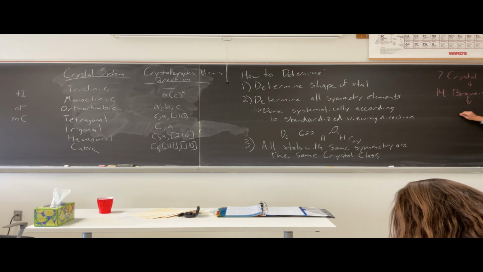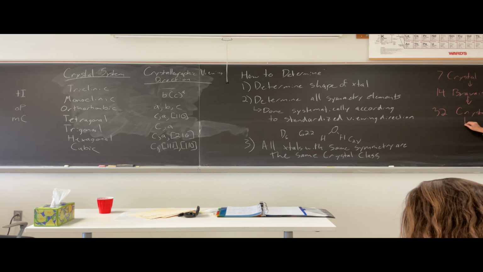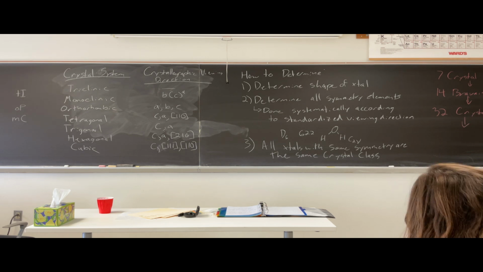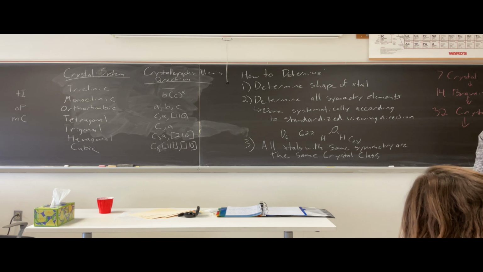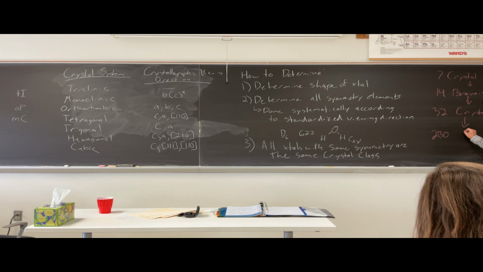We tossed in more symmetry, we got 32. Yeah. We're going to toss in more symmetry. Does anybody remember what the last one's called? Yep, 230 space groups.